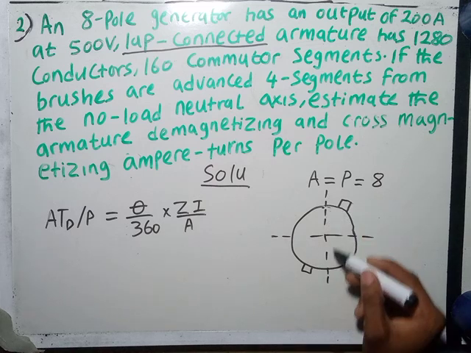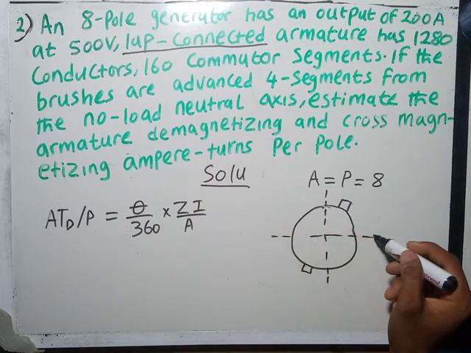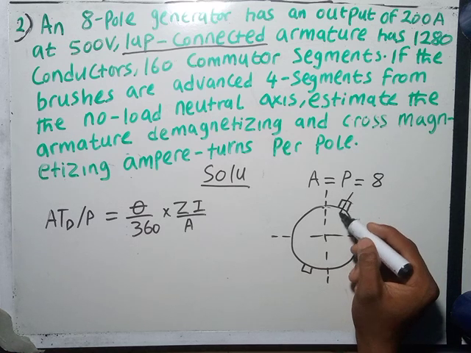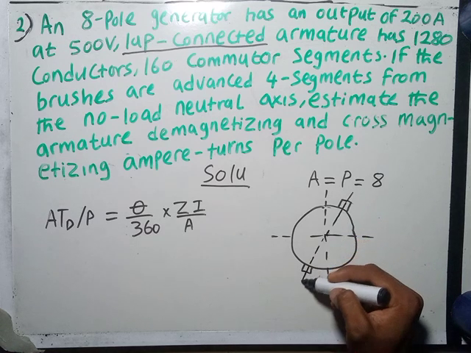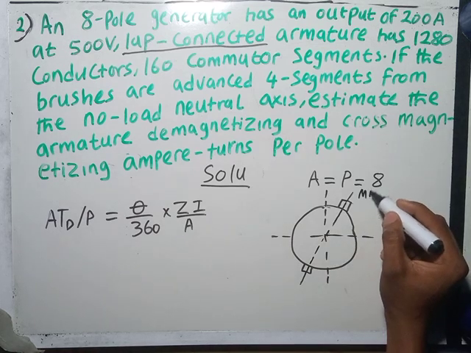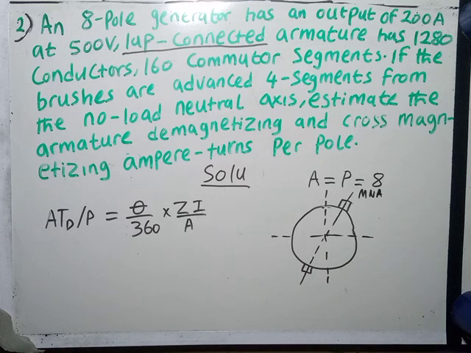This is our no-load neutral axis, while this is our polar axis. Now, this is where our brush finds itself, and we call this place our magnetically neutral axis.